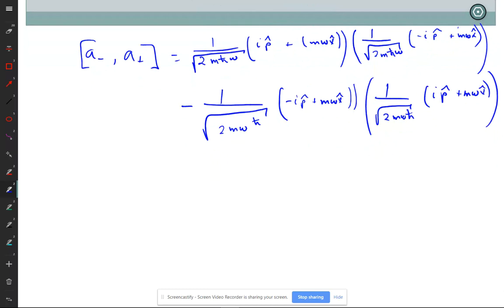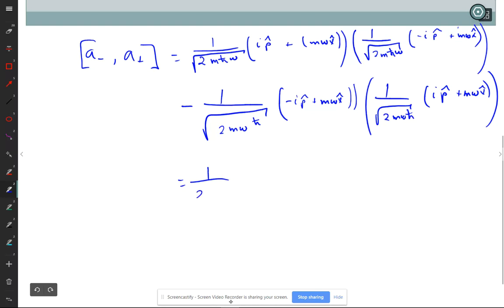Totally. Well, the things that you know are going to disappear right away. The terms that have p squared or x squared are going to disappear immediately, because the order doesn't matter for p. If it's p and p, the order doesn't matter. If it's x and x, it doesn't matter. So I'm going to only look at the cross terms.